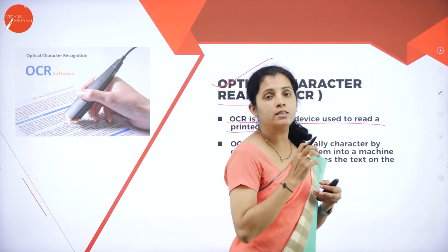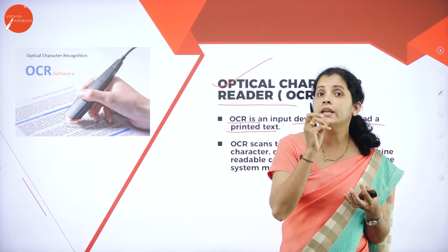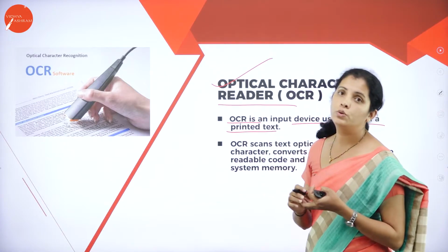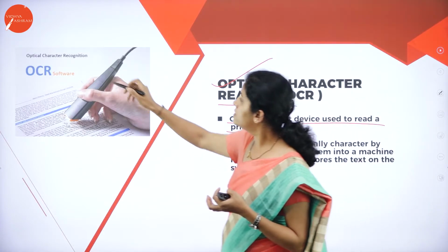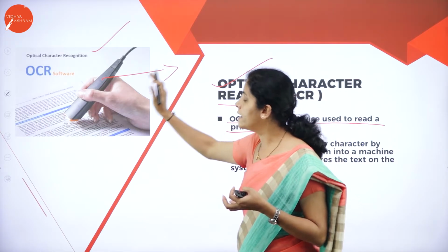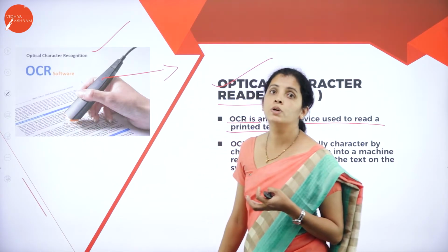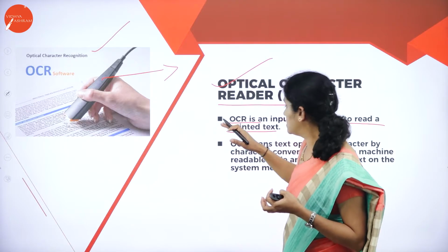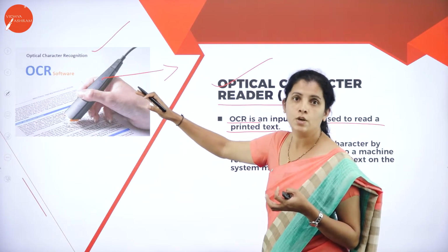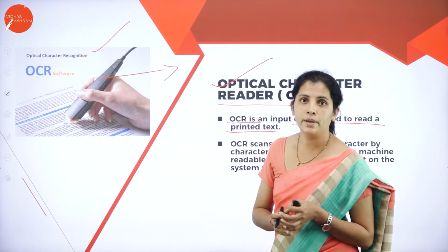Suppose if you want to read any printed text, then you can use the OCR. This is the best example. So this is the OCR device and it is mainly used to read the printed text which is printed on the paper.